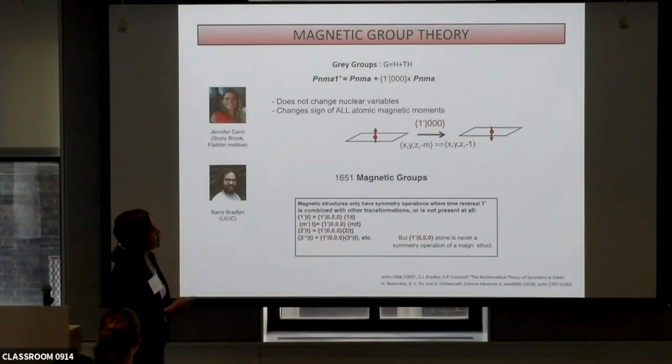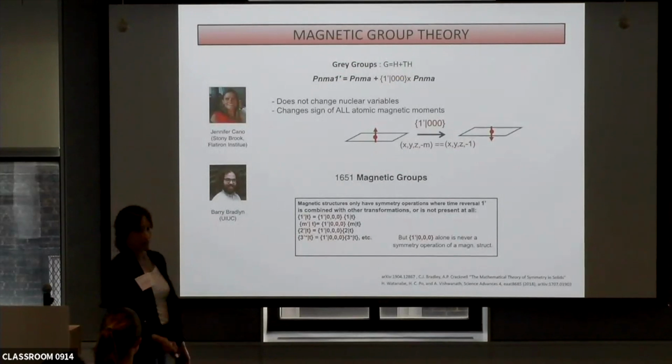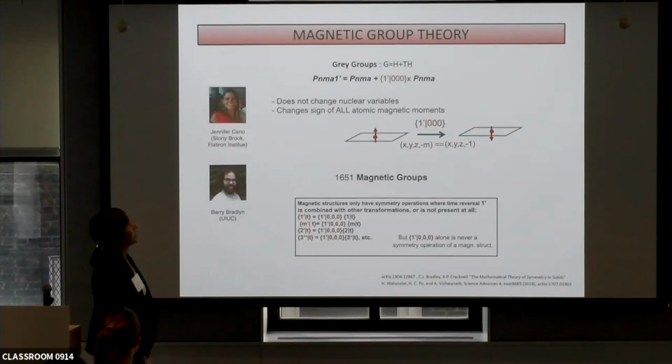One is H, which holds all the spatial symmetry, and then we can apply the time reversal symmetry to H. Time reversal is an operation that does not change nuclear variables, but changes the sign of all atomic magnetic moments. In this way, our PNMA space group would be PNMA1 prime, which is the part that lacks time reversal symmetry, plus time reversal symmetry applied to the full space group.